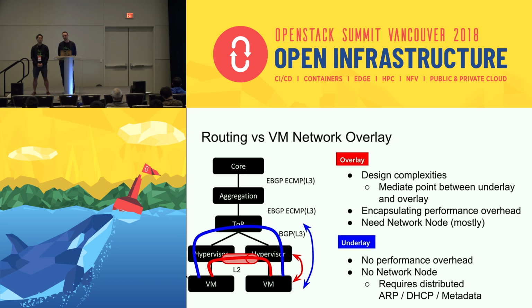On the other hand, the simple Neutron solutions like Linux Bridge or VXLAN always introduce agents that don't really fit into our scaling requirements. So we need something that is as simple as VXLAN, but also much more scalable and robust.